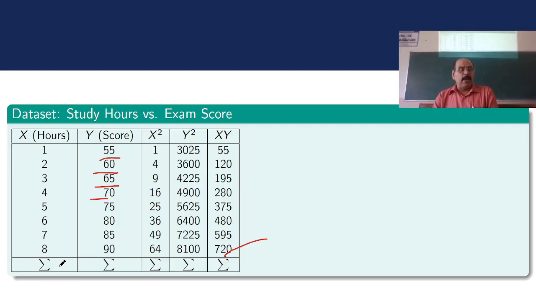So this is sigma x, this is sigma y, this is sigma x squared, this is sigma y squared, this is sigma xy. I request you to please make a note of all these things, otherwise you cannot do it.